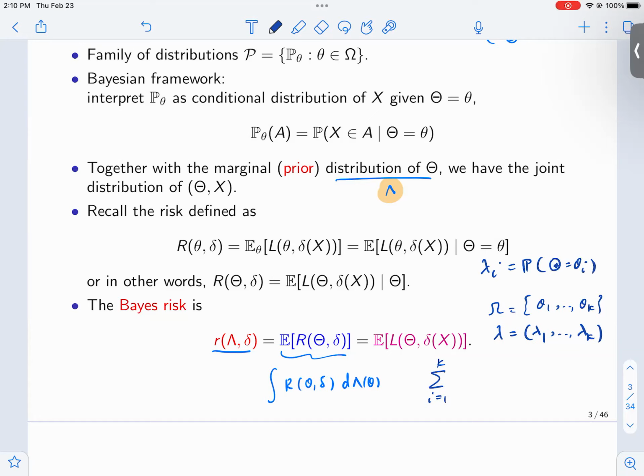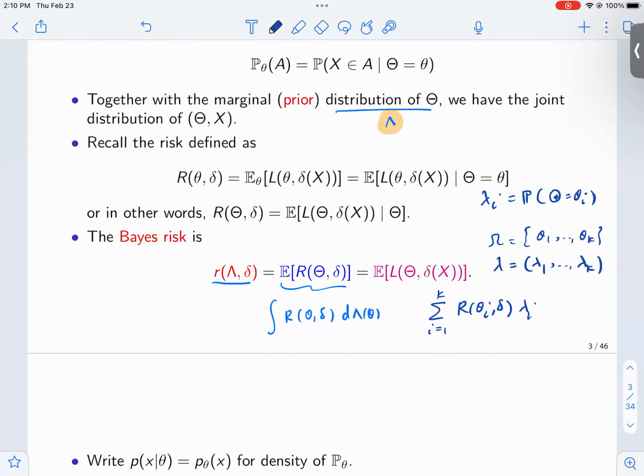Okay, and this just would be a summation of R(theta i, delta) times lambda i. So that's a weighted average. We weight the values of the risk, and that would be our Bayes risk. And then we can talk about what decision rule minimizes this, assuming that we fix the prior.